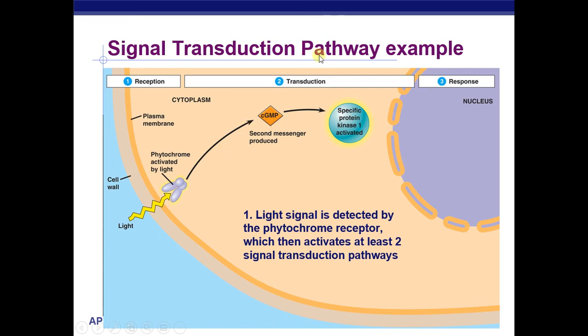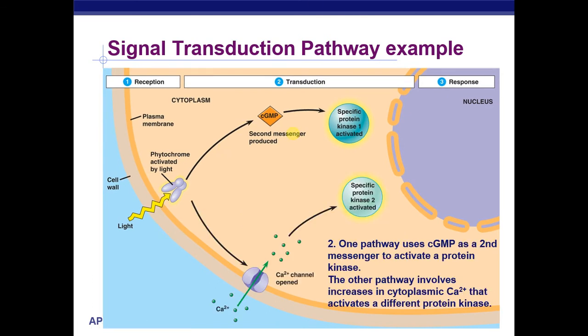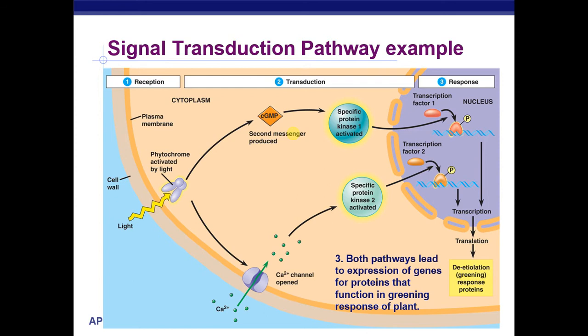A secondary messenger, whether it is cGMP, cyclic guanine monophosphate, or calcium ions, are the transduction molecules. They're the messengers. And through a protein kinase cascade, like a phosphorylation cascade like we studied, they activate transcription factors which cause greening, what's called de-etiolation.